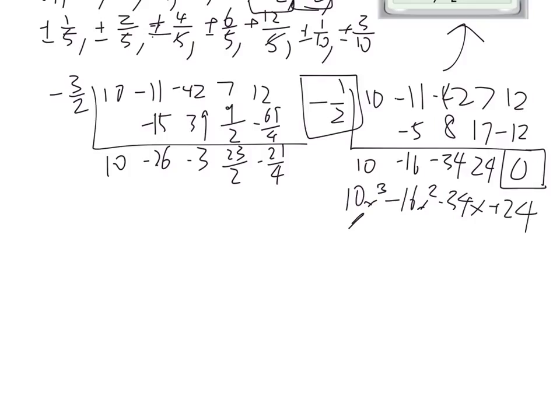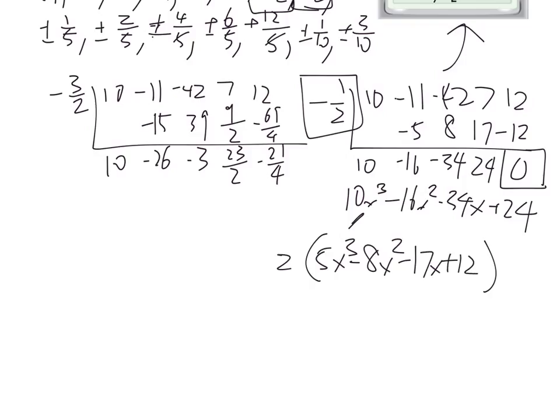So we're still at a point where we have to use possible rational zeros in order to keep going. So again, I'm going to list the possible rational zeros for this function. Before I do, though, I've noticed that all these numbers are divisible by 2. So I'm going to go ahead and take 2 out of this factor. So 5x cubed minus 8x squared minus 17x plus 12.